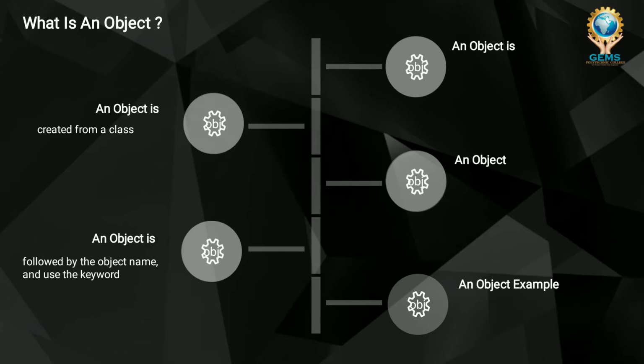While you are creating an object in a class, you will mention a particular specific name for that particular object, and most of the time you will create the object using a keyword, that is new.